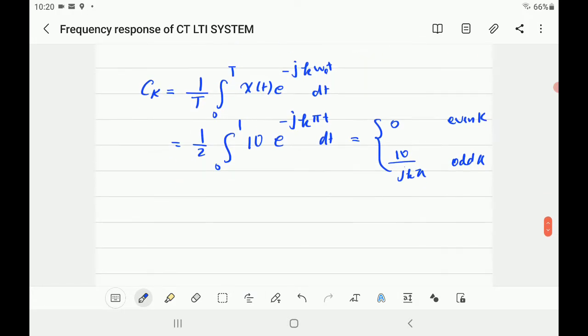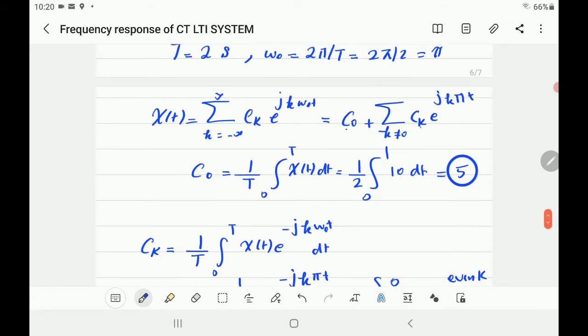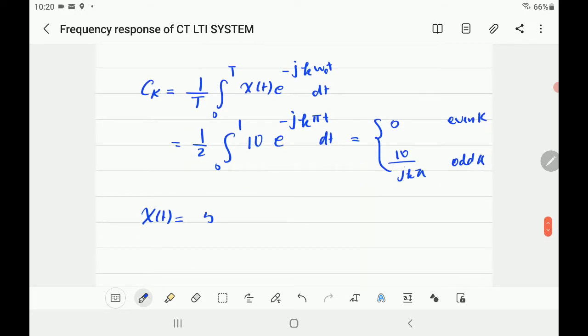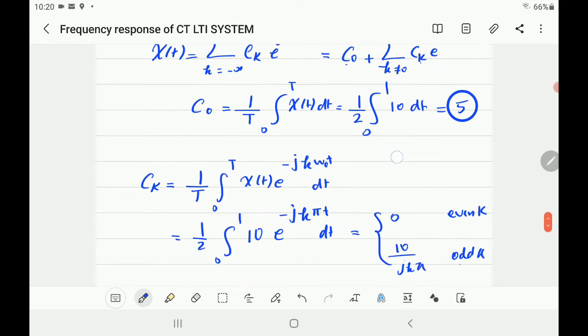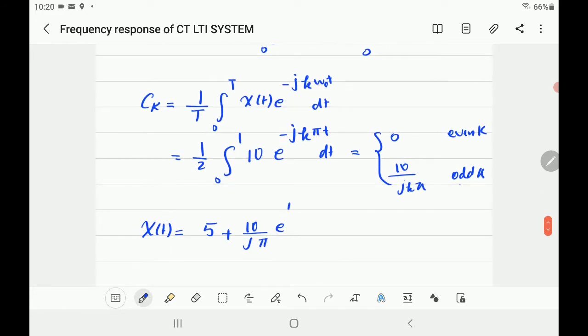So obviously you have the input expressed as a series. Let me write the expression for you. x of t is equal to c naught, which is 5, plus the summation. I will take the first 3 elements. When you put k equal to 1, it's odd, right? So you have 10 over j 1 pi, multiplied by e to the j pi t.